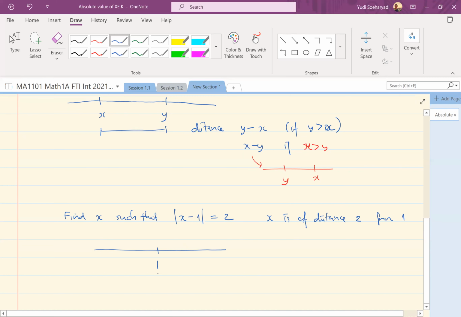So you take 1, compute distance 2 to the left and to the right. So this is 3, this is negative 1. From here you get that x must be negative 1 or 3. Okay, so that's the solution set.